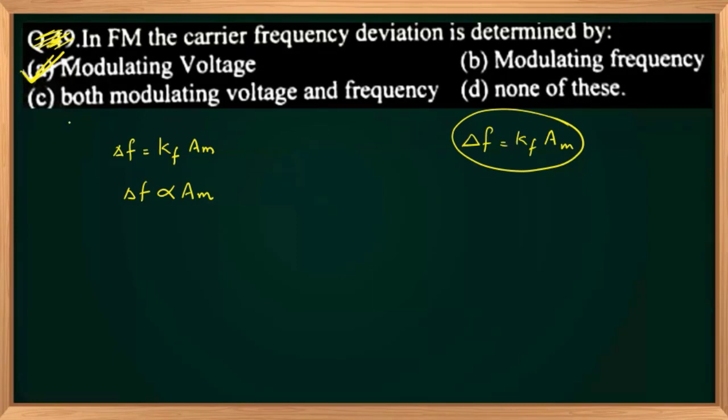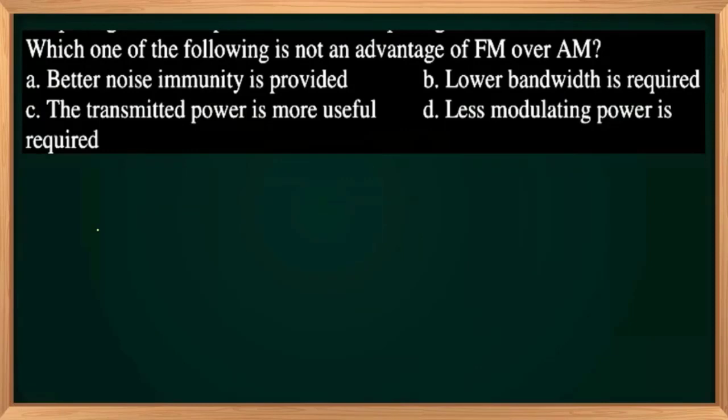For PM, frequency deviation depends on both the modulating voltage and frequency. So we have discussed in comparison that the frequency deviation of PM is related to modulating voltage and frequency.